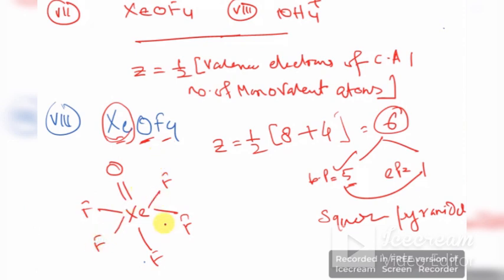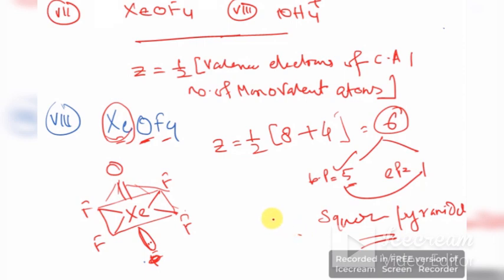Basically 4 fluorines are there, then this will be your lone pair. I discarded one fluorine, and you will have to make one lone pair also. So this is the structure which is called square pyramidal. This is your square, and this is like a pyramid. So this is called square pyramidal.